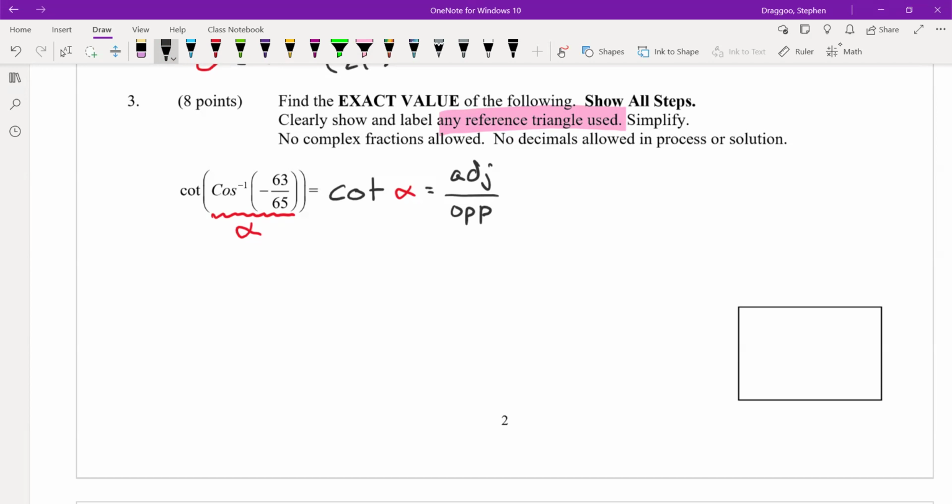I know I'm taking the cosine inverse of a negative number, which means that this reference triangle should be put in quadrant 2, since cosine inverse of negative numbers all end up in the second quadrant. So I'll draw my reference triangle over there.